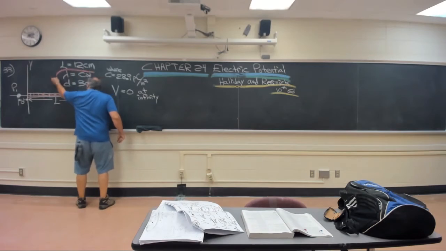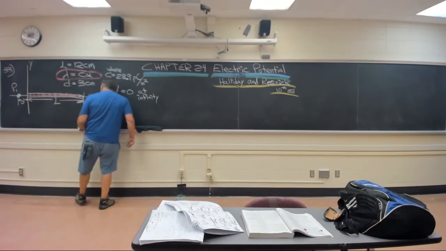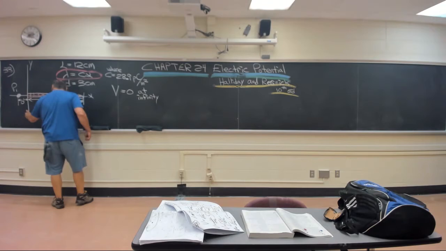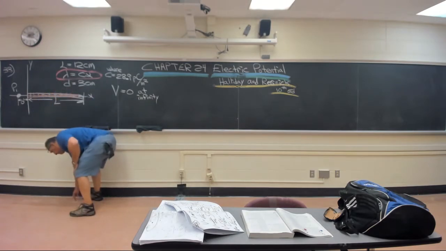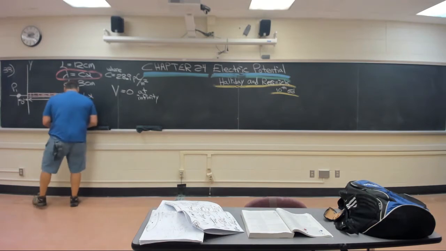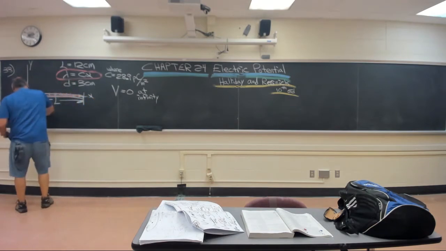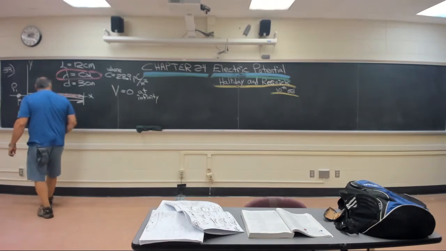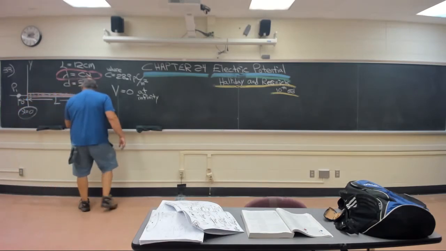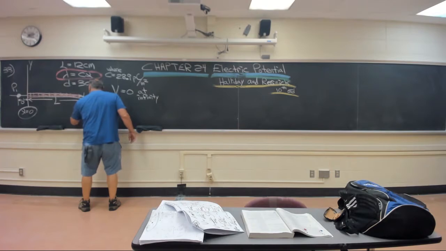the linear charge density. We have to assume this is 0 right here. X equals 0 right here, you guys. It's not really said explicitly, but it's understood. And right here, then, the x would be equal to L. So not explicitly said, but definitely understood.